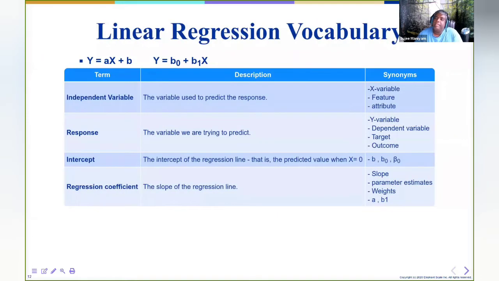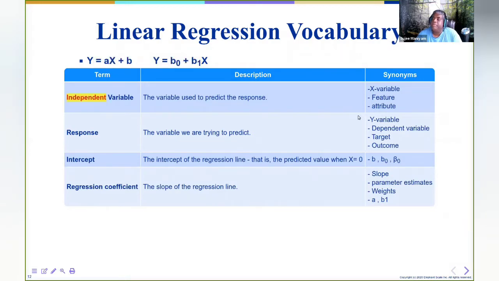Now, I said y equals ax plus b, but more commonly you will see the equation beta 0 plus beta 1 x, because this way you can keep adding more coefficients: beta 1 x1, beta 2 x2, and so on. So it's a little more flexible. Either way is fine; you'll see both kinds of equations when reading books or blogs. x is sometimes called the independent variable because that's the input.